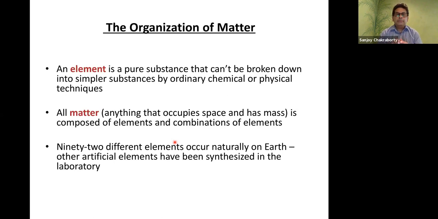What does that mean? I'll give you a very simple example. Let's say this is a gold bar. If I take a gold bar and break it in half, I will have two gold bars. If I keep breaking that, at one point of time you will reach gold powder, but it's all still gold.